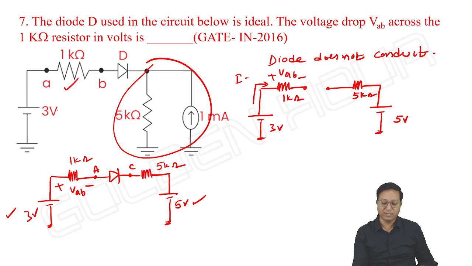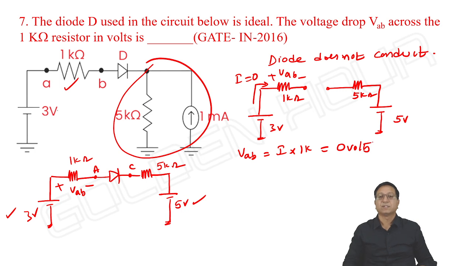No, the current is simply 0 as the diode is off. Then what is the voltage across the 1 kilo ohm resistor? It is I into 1K. As I is 0, it is simply 0 volts. That's it. VAB, it is 0. It was asked in the instrumentation paper 2016. Okay, like this we can solve.